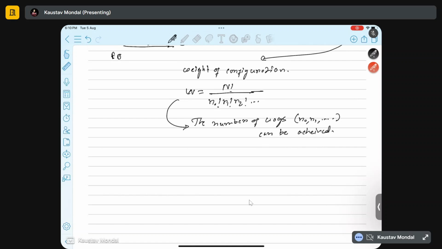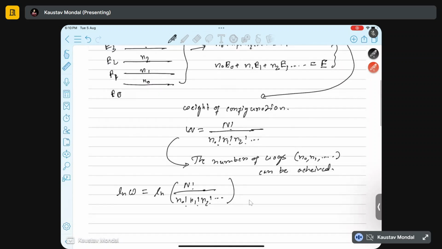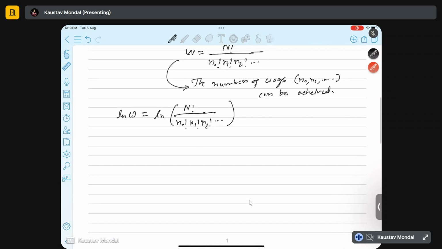That is the most probable distribution. So in order to find the most probable distribution, we take the log of the weight of the configuration.